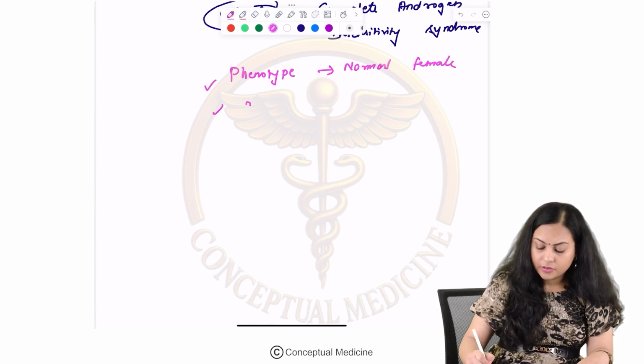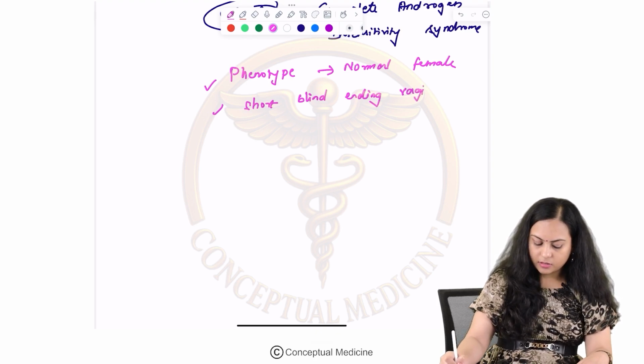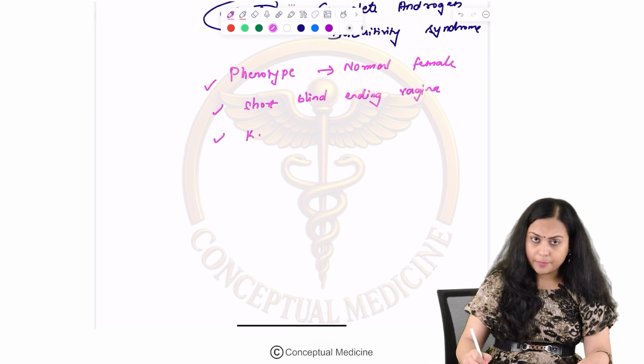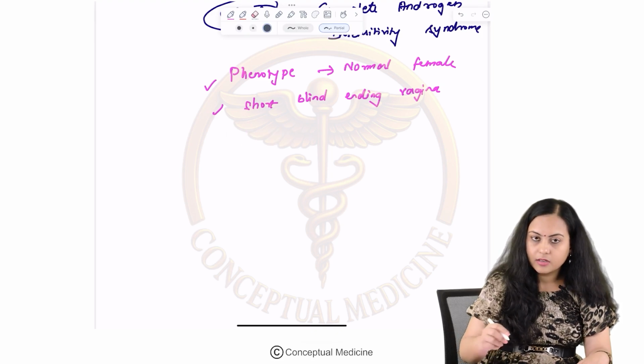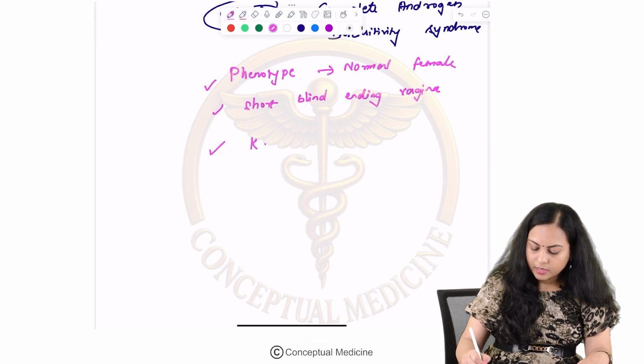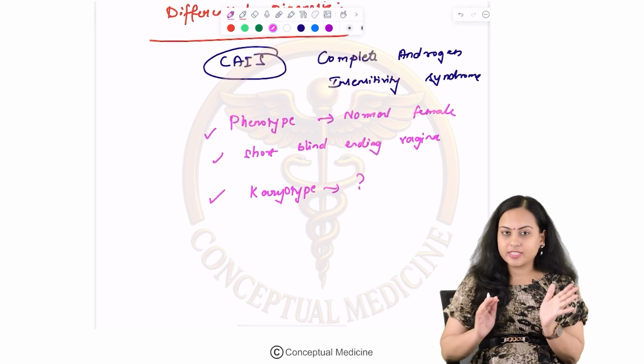They also have a short and blind ending vagina. What about the karyotype then? This is complete androgen insensitivity syndrome.